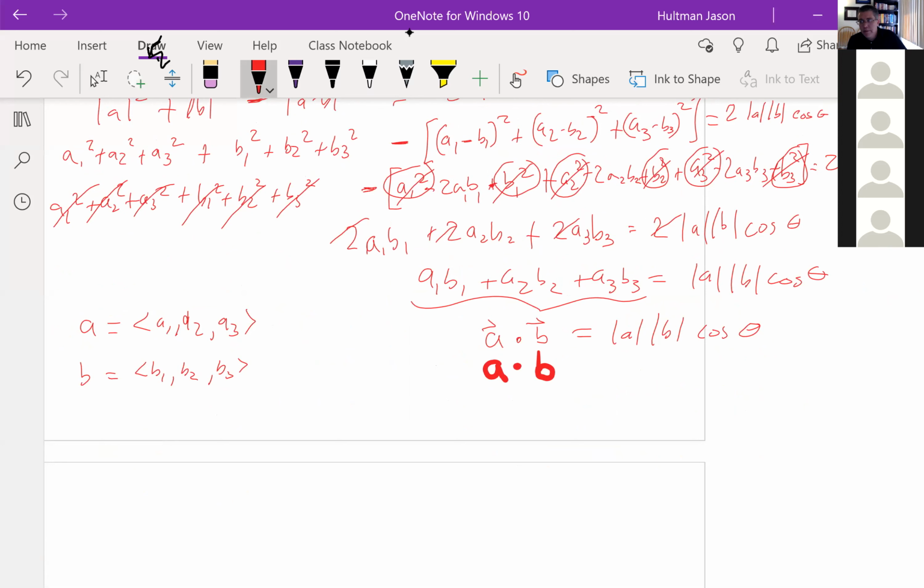But I don't want to take the time to do that. We already established that these two are vectors. Does that make sense? If they're bold, then they're vectors.